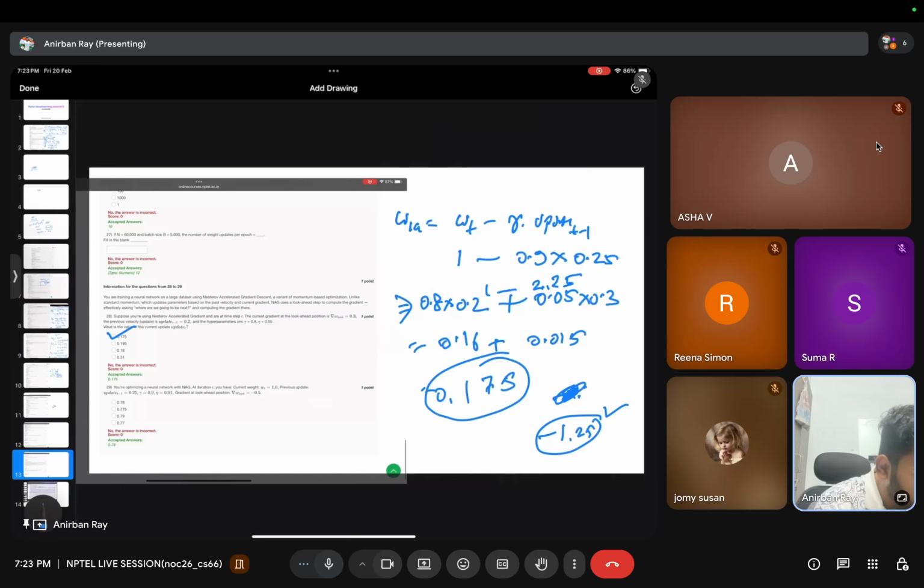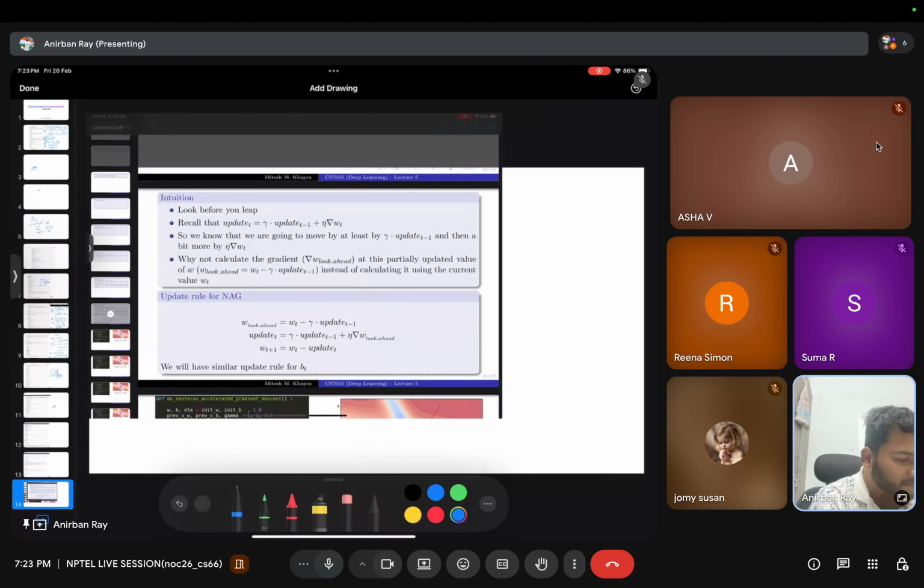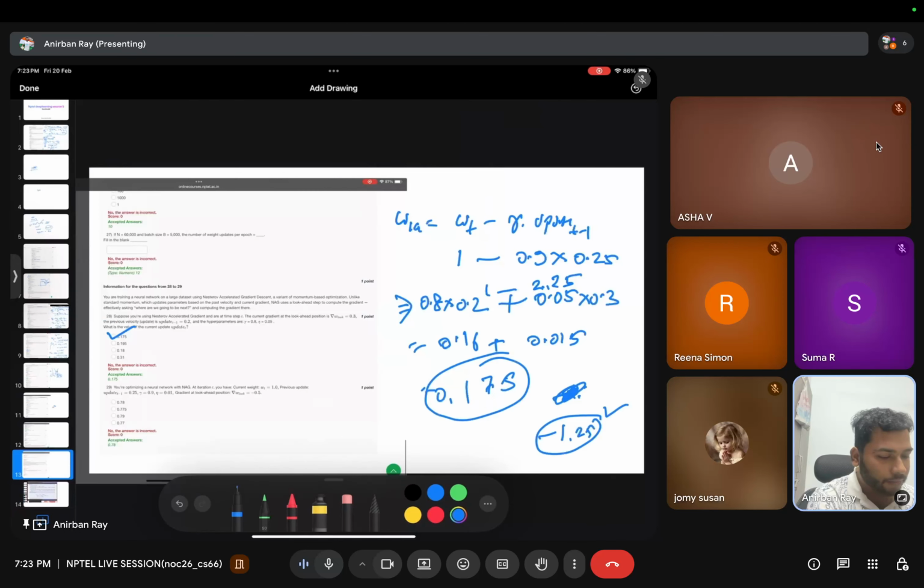Okay, gradient at look ahead position del, this is given. So what they are asking for, I think update T is what they are asking for. So look ahead we have got. Okay, this is the one. Now gradient is also given. I think they're asking for the previous question only, update T.